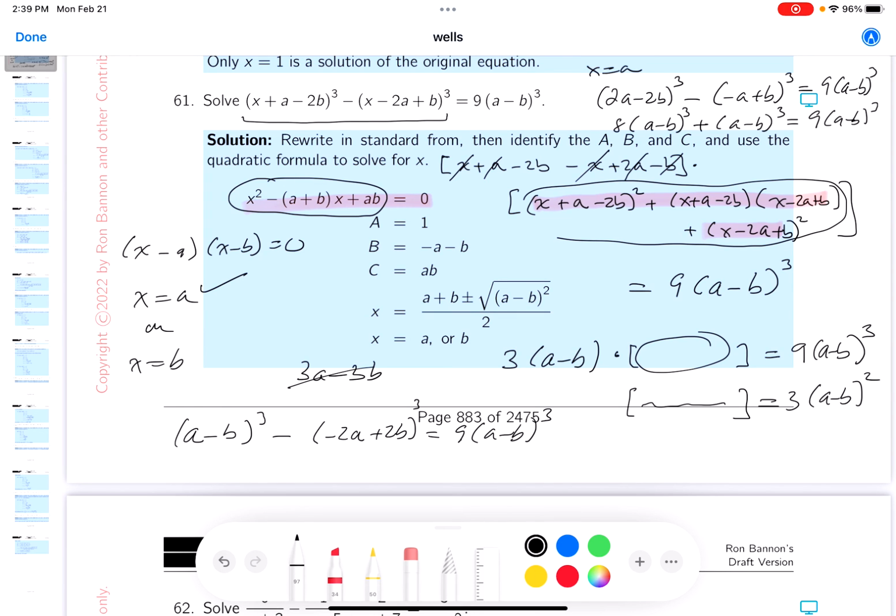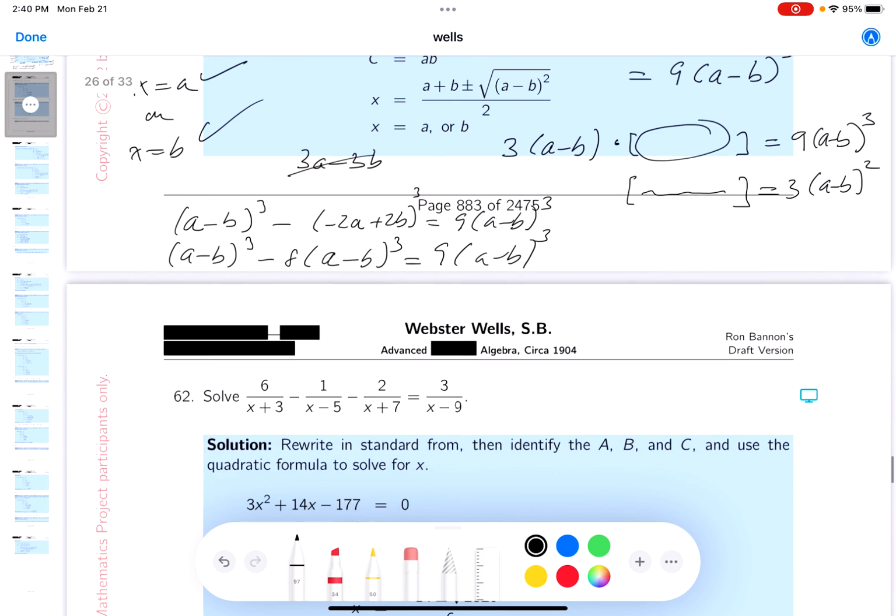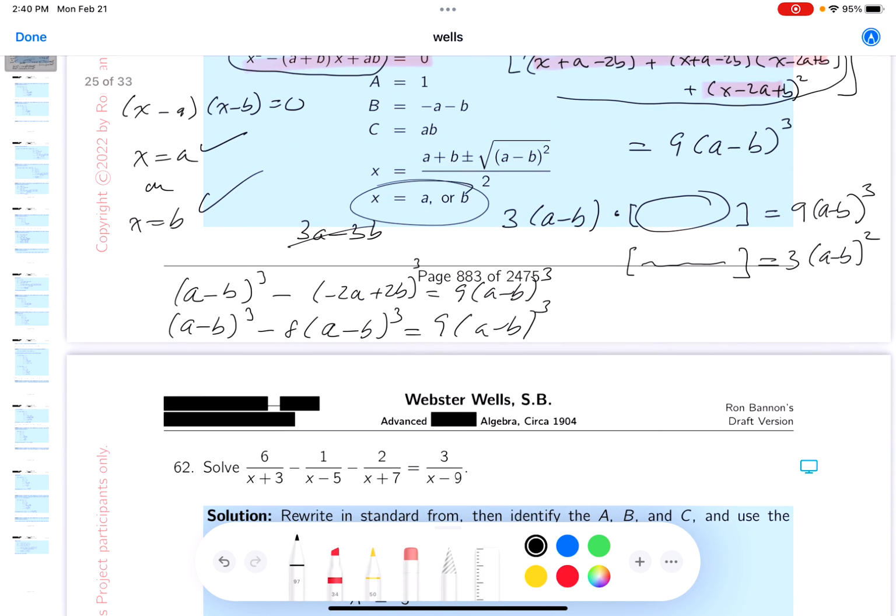Well, what do I get over here? I get a minus b cubed. Over here, I'm going to factor out a minus 2. When you cube that, you'd get minus 8. Well, minus 8 plus 8, and then you get a minus b cubed. That also works beautifully. All right, both answers work. A and B work beautifully. And they got those listed over here for you.